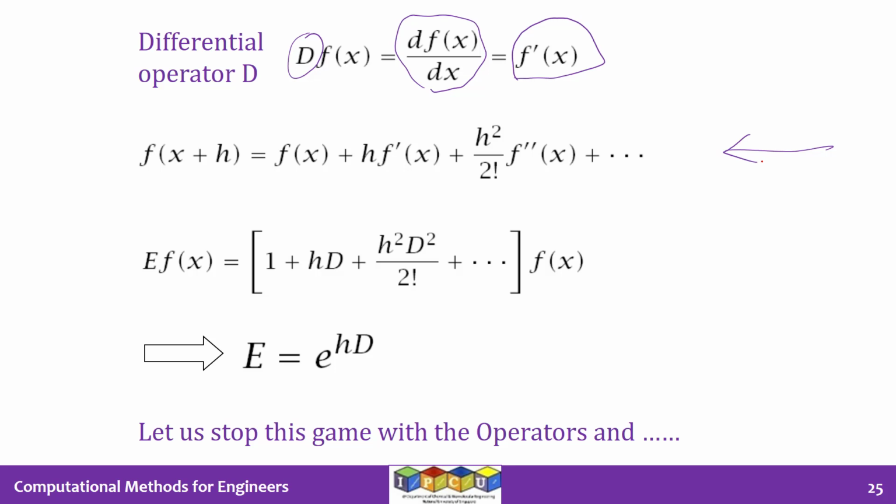And if you want to find out the value of the function at a distance h from your current value, that means you're trying to find the value of the function at x plus h, you can express that as an infinite Taylor series expansion and say f of x plus h is equal to f of x plus h times f dash of x plus h squared by 2 factorial times f double dash of x, etc.